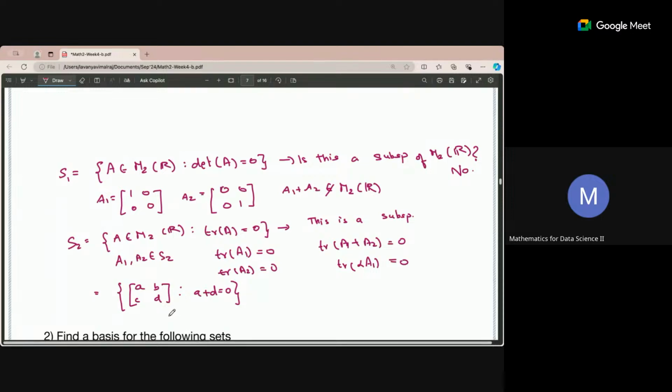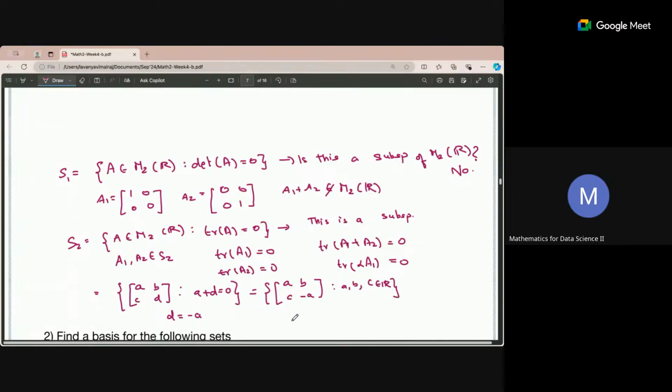So it means D is equal to minus A. So you have the set A, B, C, minus A. Now tell me. 3. Right? You know now how to find the basis also.